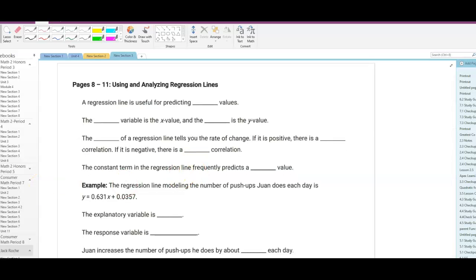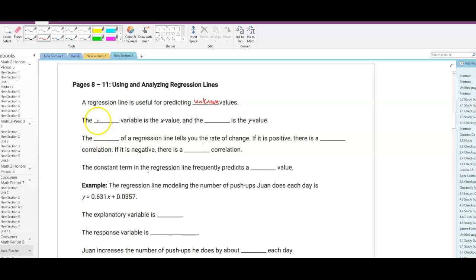Now, using and analyzing these regression models, something that's very important: a regression line is used for predicting what we call unknown values, right? A lot of times, restaurants, schools, and governments will use these regression lines to predict future values, populations, prices, cost of products, all these different things.